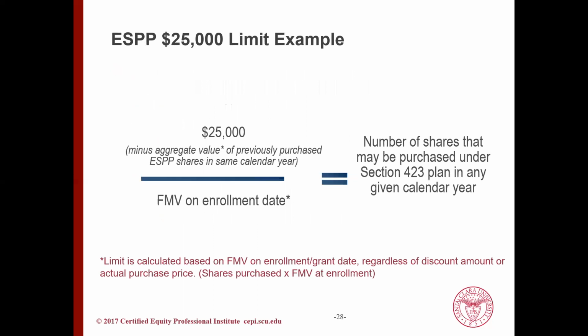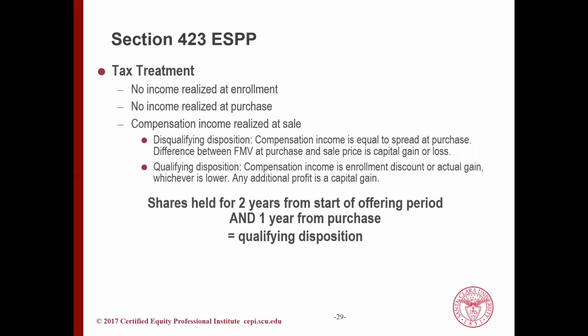So let's look at the $25,000 calculation. You might be thinking there's some similarity to the $100,000 limitation that we talked about for ISOs, and it's always good to remember both of those are qualified plans under the IRS, and both of them have a limitation.